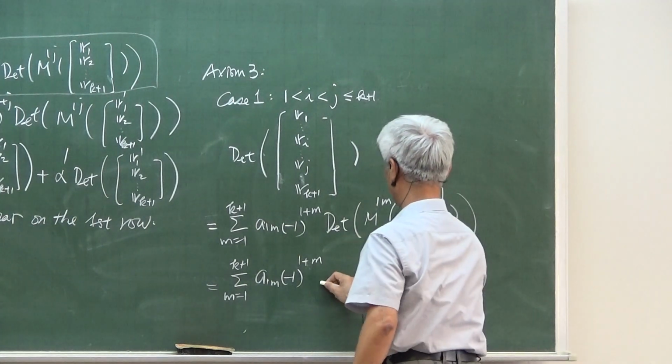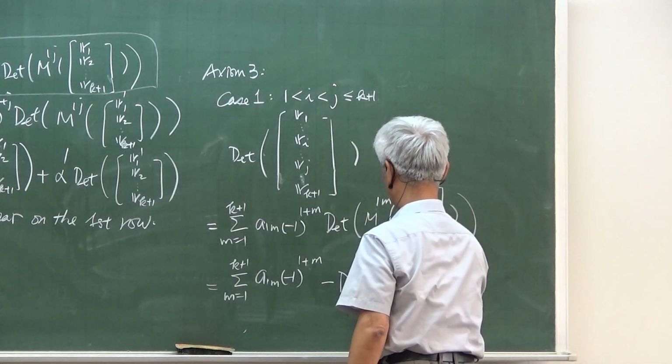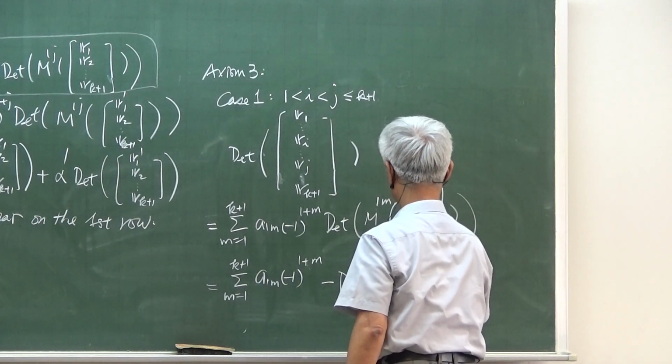So the determinant value will become negative. We will have to change the sign.